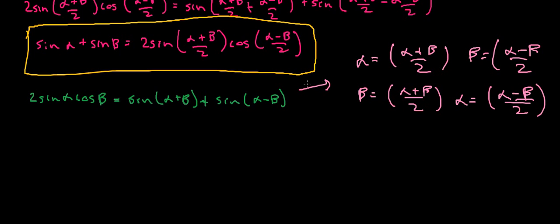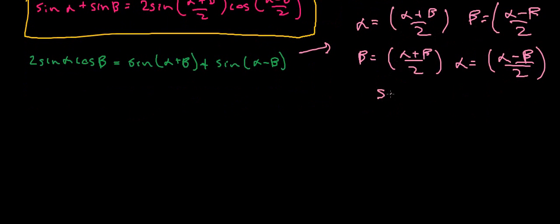So instead of getting a negative beta canceling each other out in order to become a positive beta, I'm going to get a negative beta that time, which is what I want, because sine of a negative angle is equal to just minus sine of that angle.